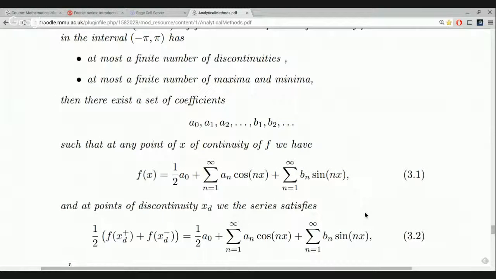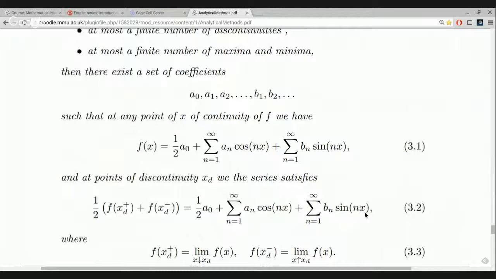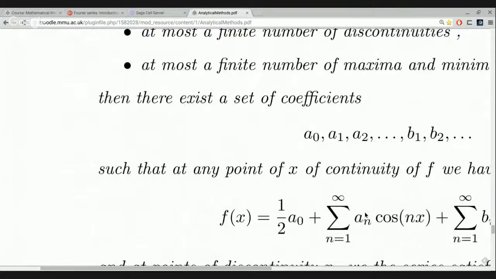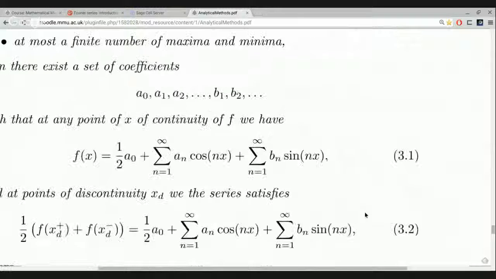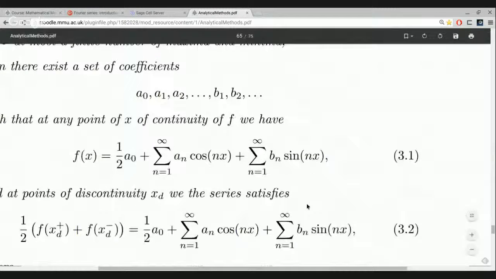So what the theorem says then is that there do exist a set of coefficients, A0, A1, A2, an infinite set of A's and an infinite set of B's, B1, B2, etc. And these coefficients allow you to say that the value of the function f is given by this infinite linear combination of the constant function and the sines and the cosines. Okay, so that's what the theorem is saying.